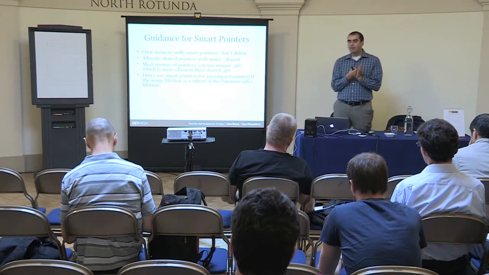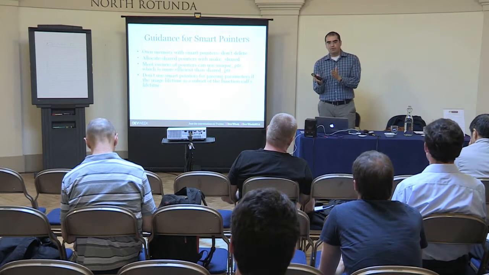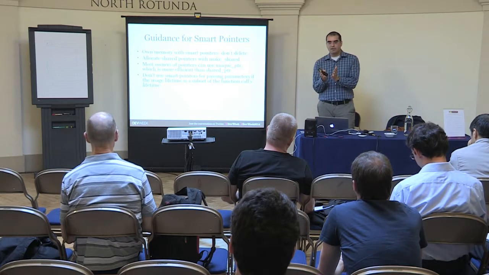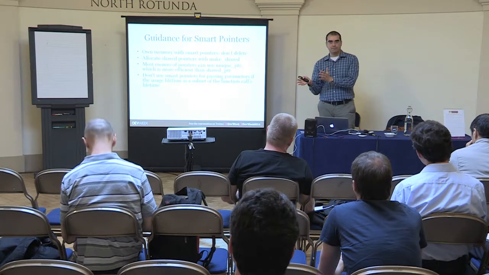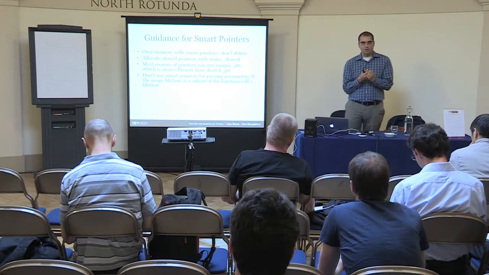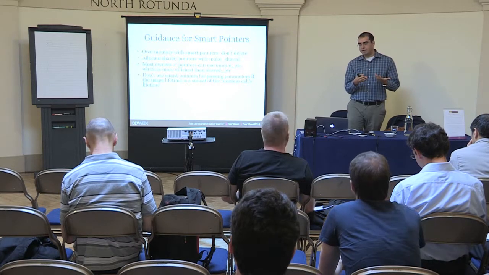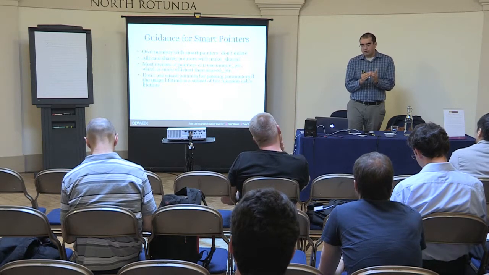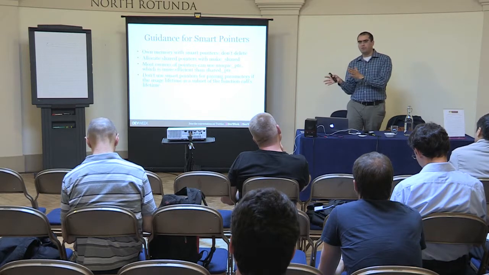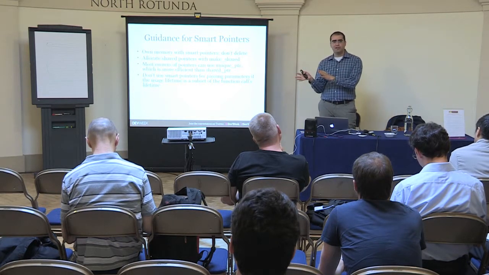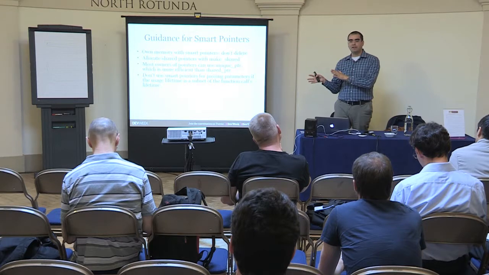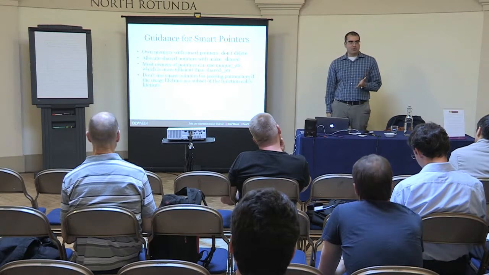You're not getting anything out of passing a smart pointer to a function which is not going to use that pointer later. So in these situations, if you have a function that takes in something by pointer or by reference, but only uses it for the duration of its scope, doesn't store it anywhere, doesn't pass it to someone else, doesn't use it on another thread, you don't gain anything by using smart pointers.